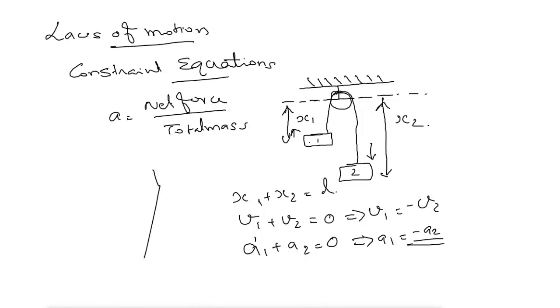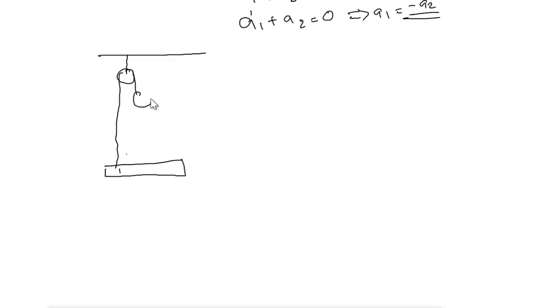Using this constraint equation, how can you find the relation between the two objects? Here I consider a fixed pulley, and from it a bigger mass is attached. This is mass 1. The other end is attached to another pulley, and the ends of that pulley are connected to other pulleys.